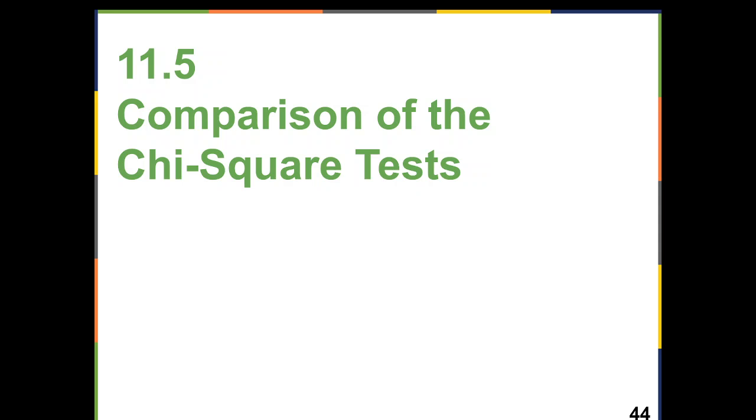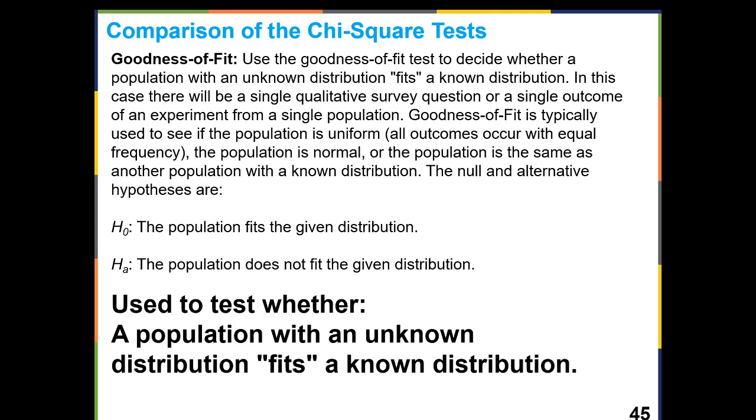And the last thing in this chapter we want to do is just take a look at a comparison of what we have done so far. We did the goodness of fit test, right? In a goodness of fit test, the null hypothesis says that the population fits the given distribution, and the alternative says that it doesn't. So it is used to test whether a population with unknown distribution fits a known distribution.